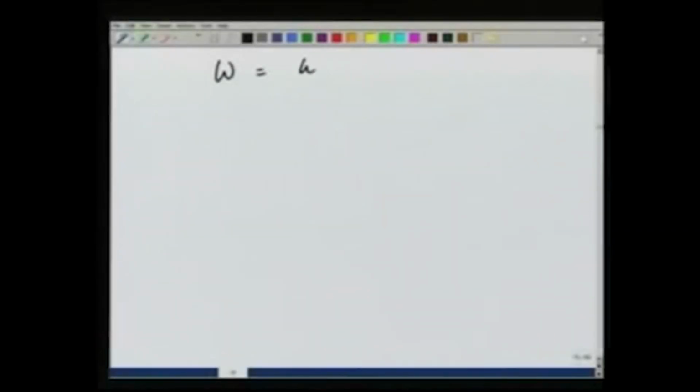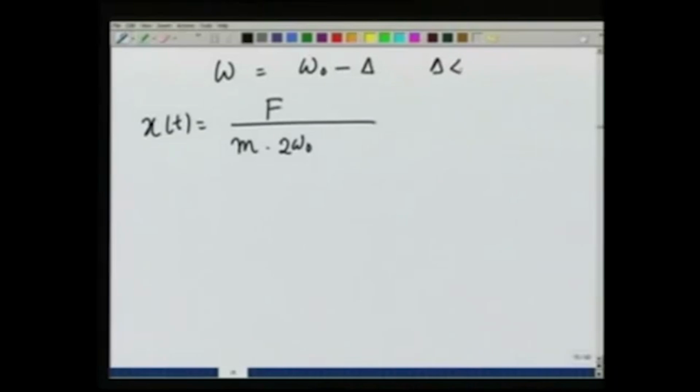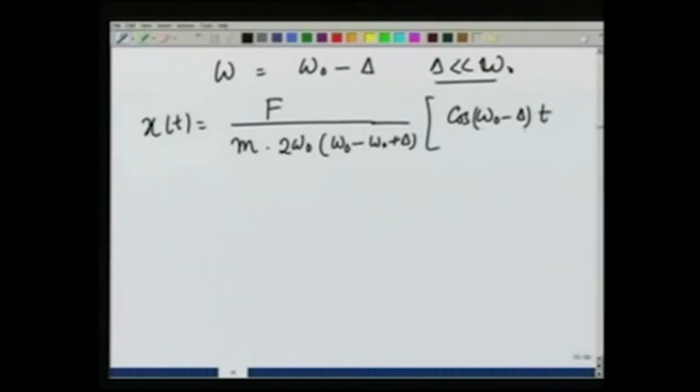So, let me take omega to be slightly smaller than omega 0, omega equal to omega 0 minus delta, and substitute it here. So, x t in this case would be f divided by m times 2 omega 0 delta, because delta is very small, times cosine of omega 0 minus delta times t minus cosine of omega 0 t.